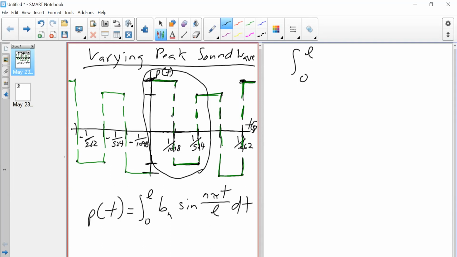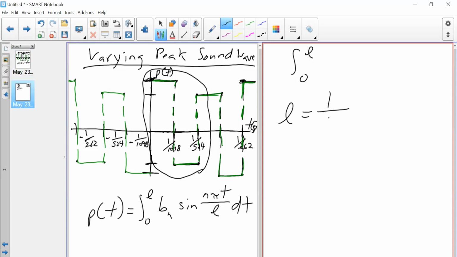All right. So this length L, we're going to call 1/524. That is the length of this particular string or wave that we see in this picture. And it's very similar to what I was describing just a moment ago.